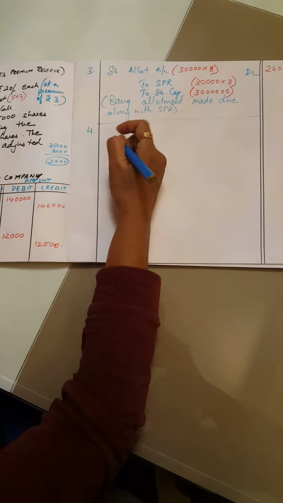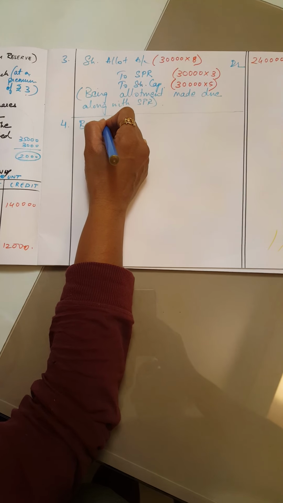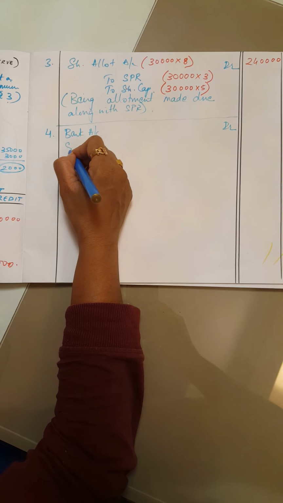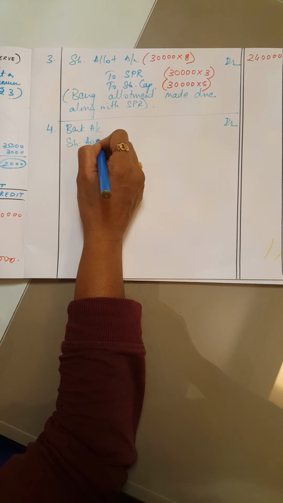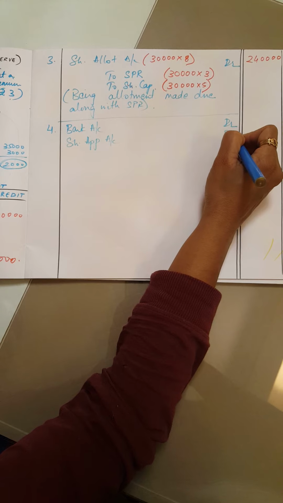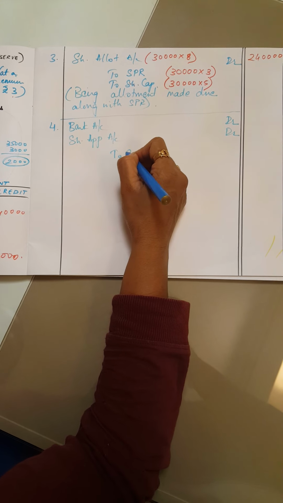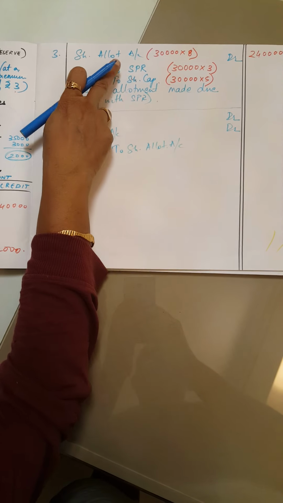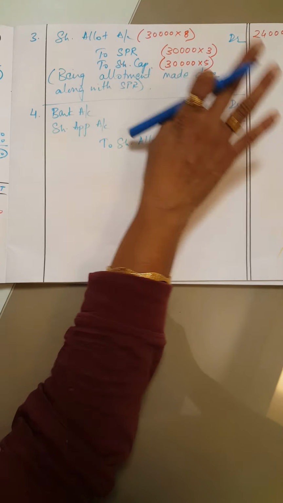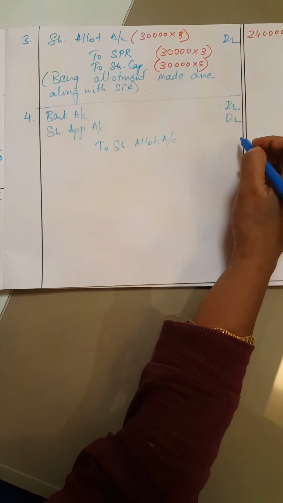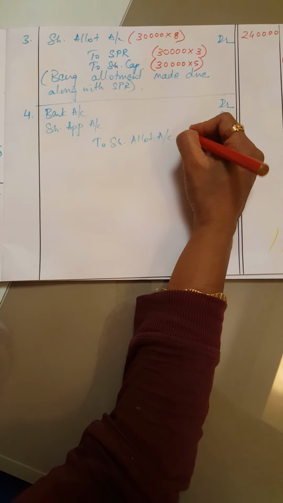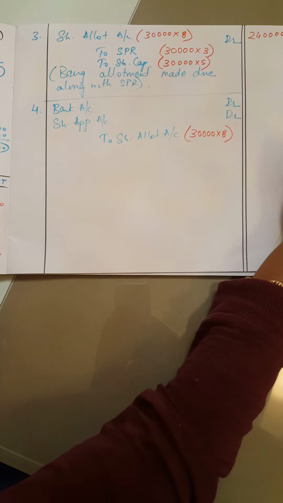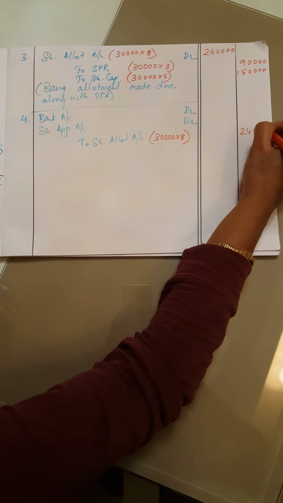So you have your journal entry, bank account debited, share application account debited to share allotment. Here children, we don't have to write anything with regards to securities premium or share capital. Directly it is share allotment.